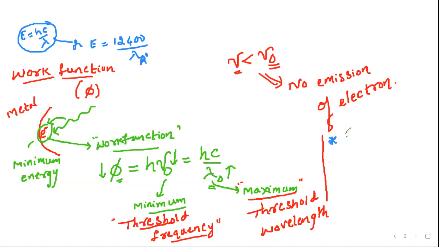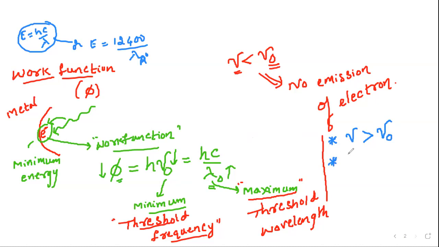For the emission of the electron, what is the first basic condition? The frequency, whatever the frequency you are going to incident, that should be more than what? Threshold frequency. The incident frequency must be more than the threshold frequency.